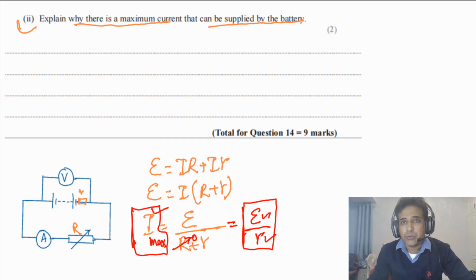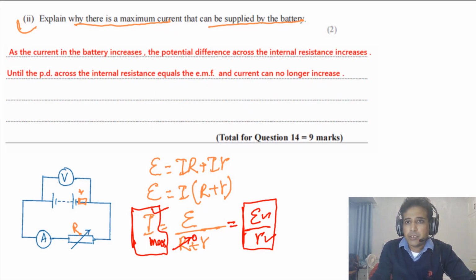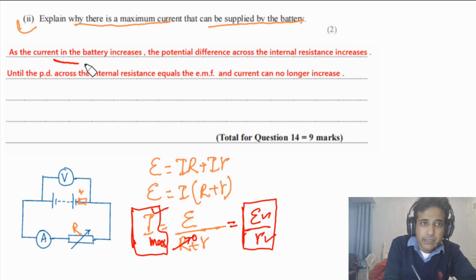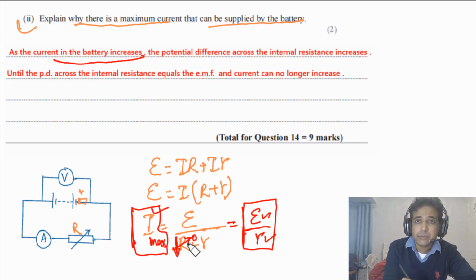So these are the points you need to understand. Based on this one, we can write down our answer. In our answer, you can mention these points. You can say as current in the battery increases, meaning when we decrease this resistance, this current will go on increasing, and when this resistance becomes equal to 0, this current will reach its maximum value.